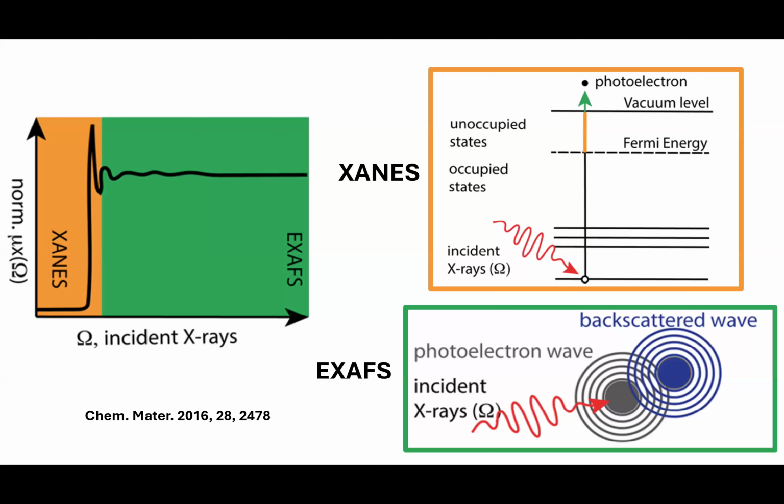So that's the whole spectrum of the XAS. Okay, so with that picture, I think now we have some understanding of the physics behind the XANES. So we know that the peaks should have some correlation with the unoccupied states, right?